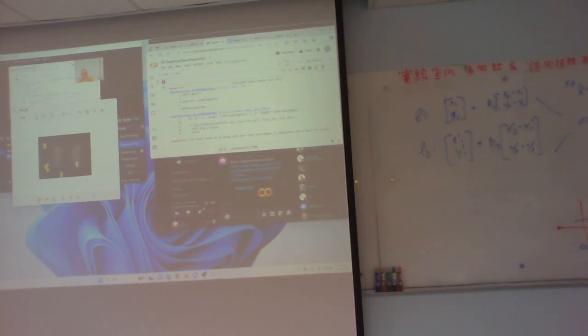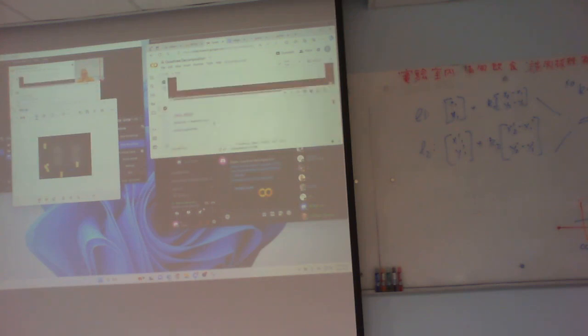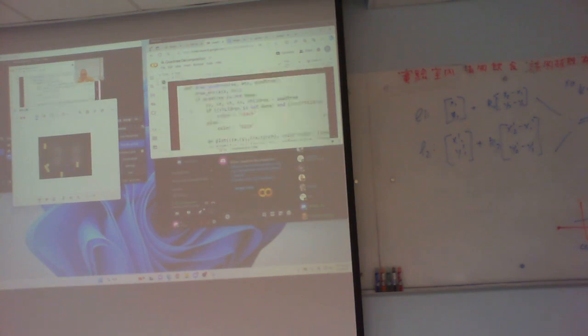Line intersection doesn't return a boolean, but returns an array.